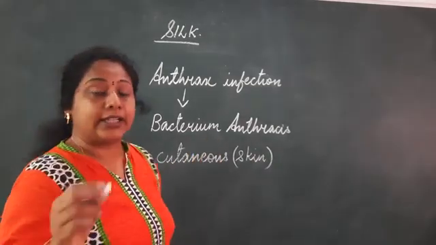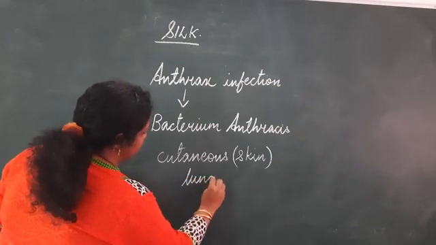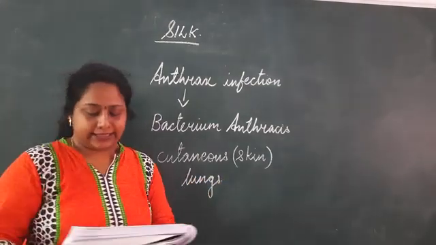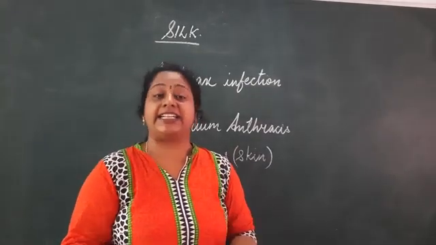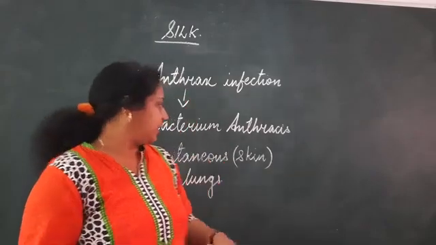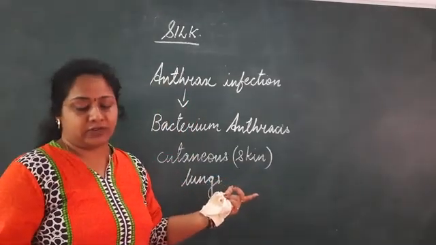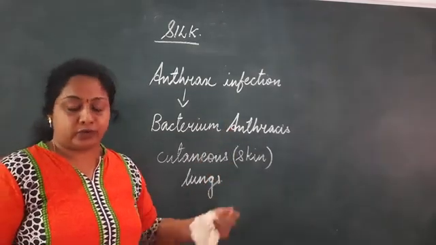Then other than the skin, it can also infect the lungs, and then it can also have intestinal infections. Clear, children? So these are the infections which are caused when you deal with sheep and goat, and when you have to remove the wool.